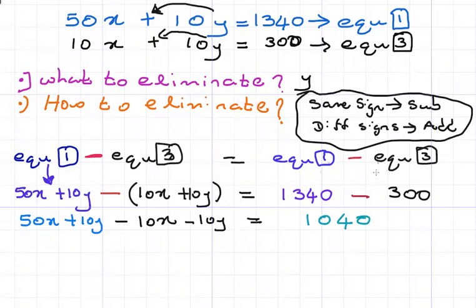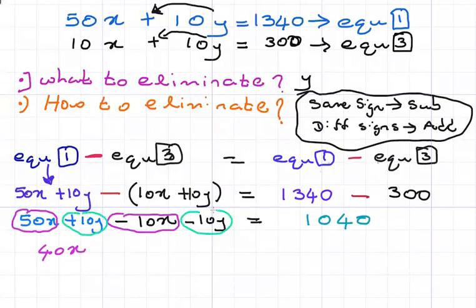All right, so now is the time to make the like terms interact. So 50x would interact with whom? Who's the like term for 50x? That's minus 10x. So what is 50x minus 10x? That's going to be 40x. All right, now the y's. Plus 10y would interact with minus 10y.